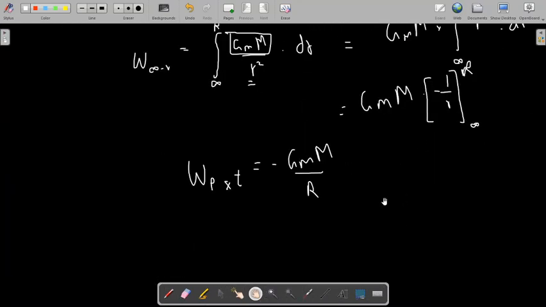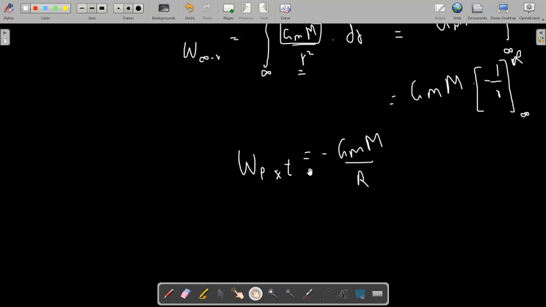So the work done by the external force. First let me tell you that the gravitational and external forces are opposite in direction, and the work done by the external force will be the negative of the work done by the gravitational force.